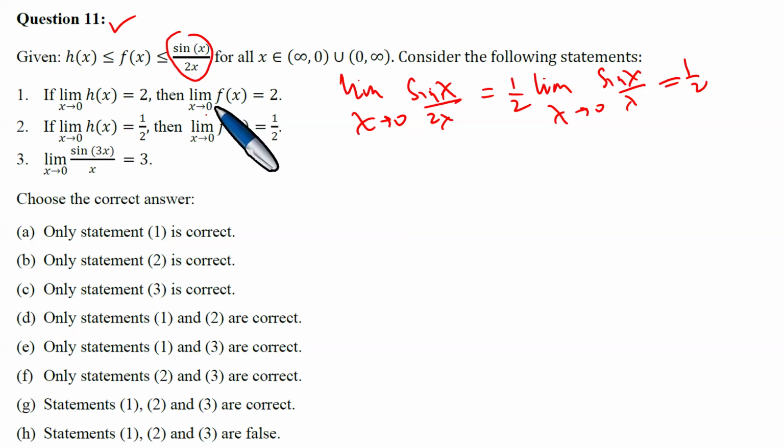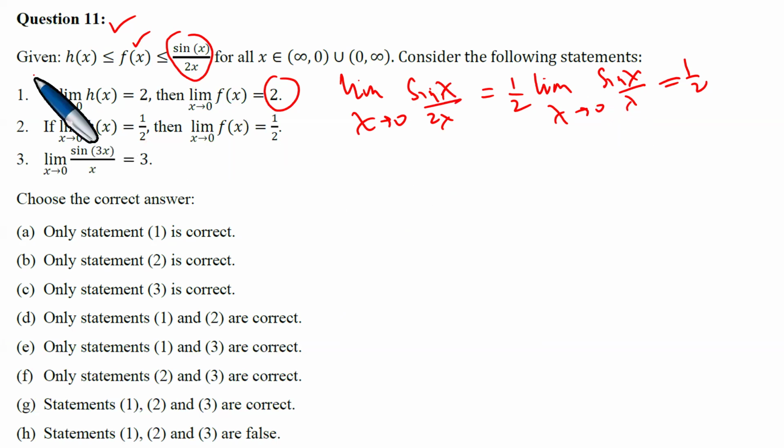Obviously, for the limit to be 2 here, you'd require that this function is a bounded function, but not only that, you would require that if the limit of h is 2, this would also have to be 2 at least, but it is 1/2.